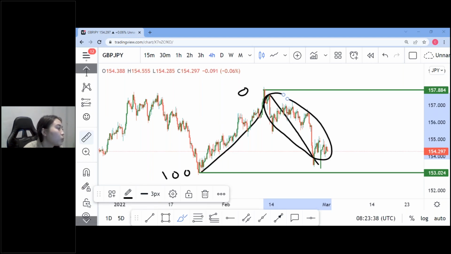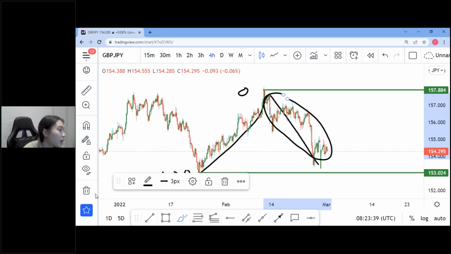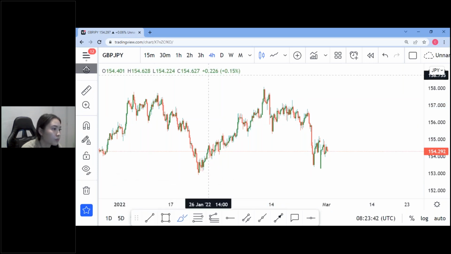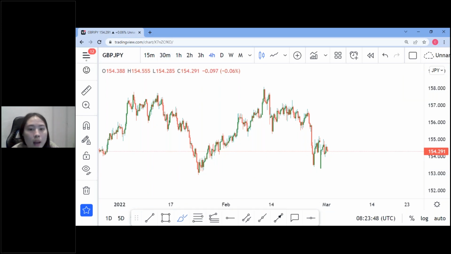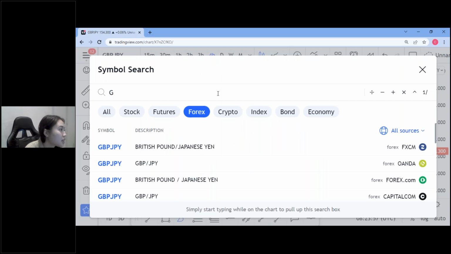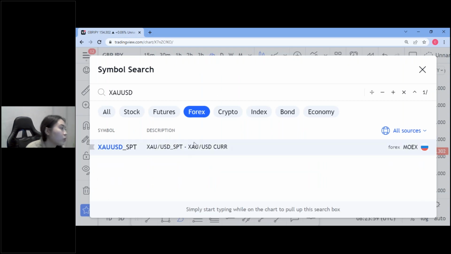So let's remove everything and start by going to other charts. Kaylee, I know you wanted to look at gold and GBP JPY, but at this point we should be focusing on training our eyes to catch the retracement first. So let's go to gold, XAU USD, and see if we can find a retracement there.